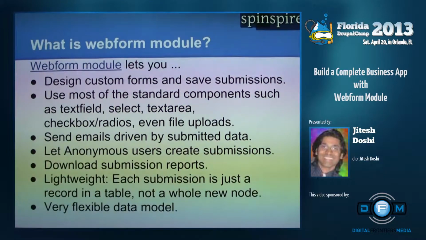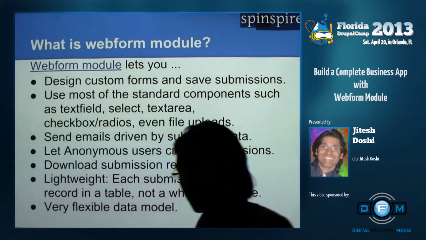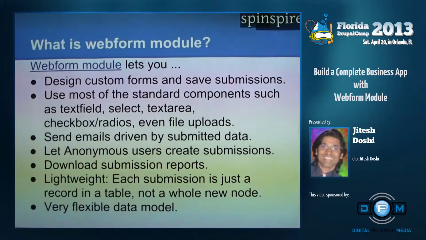It's a very lightweight and very flexible data model. And this last part, where it has a flexible data model, is a blessing and a curse. Flexible is good because every time you create a new field in your web form, you are not creating new tables. I don't know if you guys already know this, but in a custom content type in Drupal, whenever you create a custom field, it's creating two tables.